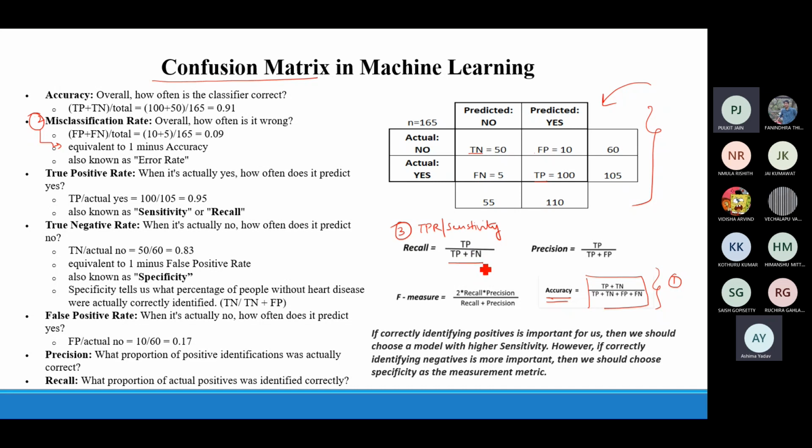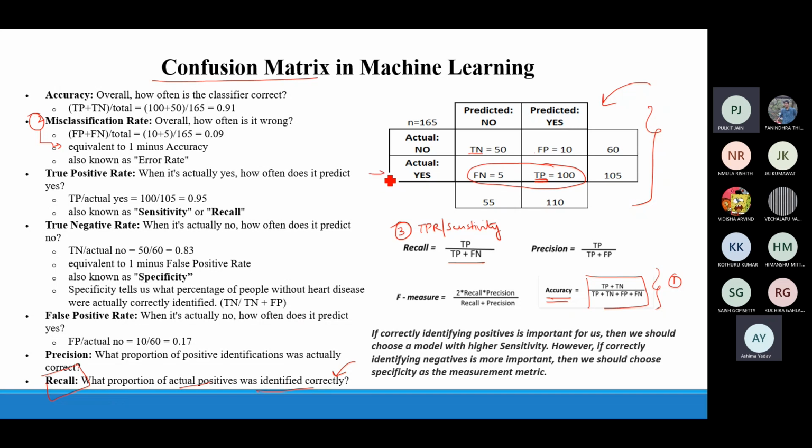It is TP, which is this parameter, divided by TP plus FN, which is this particular row. If you look at the definition of recall here, it tells you what proportion of actual positives were correctly identified.